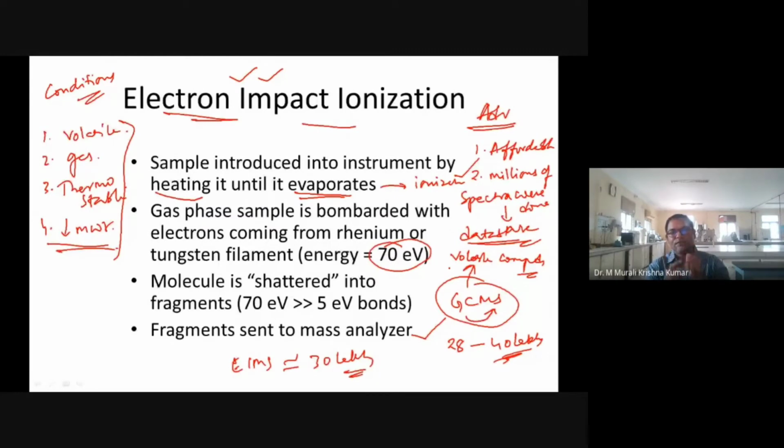Because in specific physicochemical conditions, if the mass spectrum of an unknown compound is superimposable on another mass spectrum, there is every possibility that both samples are the same. Okay, mass spectrometry is superimposable. So that is the way how the mass spectrometry analysis can be done, especially for EIMS. Automatically we can do that.